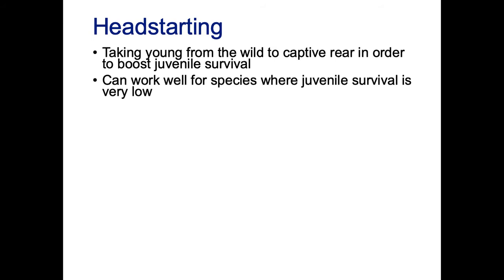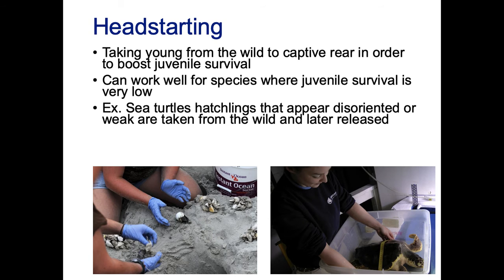It lays 10,000 eggs at a time for each female, but the juvenile survival is extremely low. Their ponds can dry up and they can have no tadpoles make it to metamorphosis out of the pond. So they will take some of the eggs and put them into tanks and raise them up in order to boost the number of juveniles that make it into the habitat. That has been working very well, and it has basically kept them from going extinct.